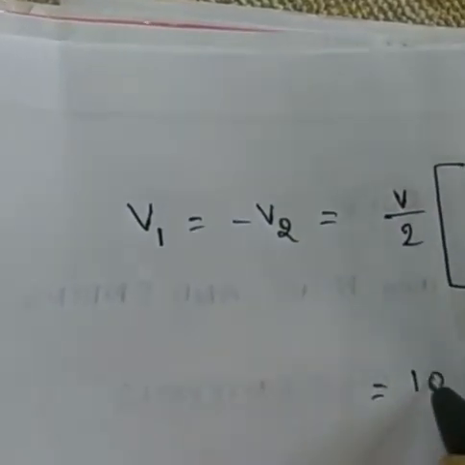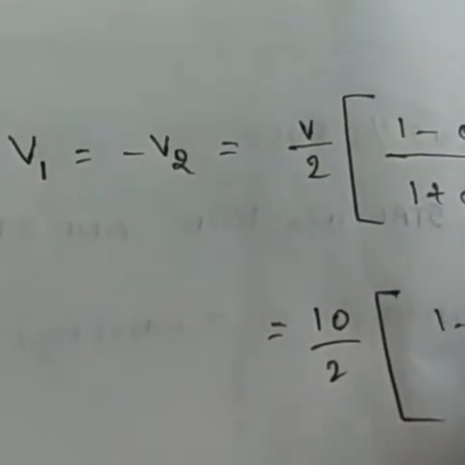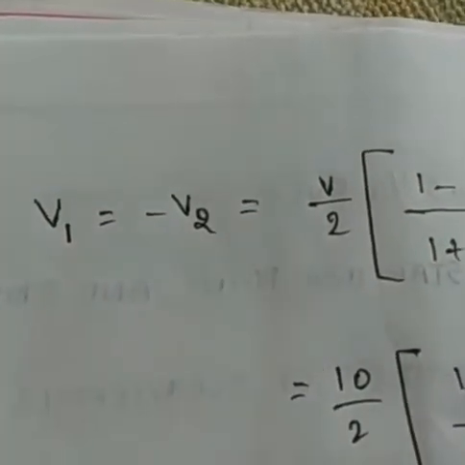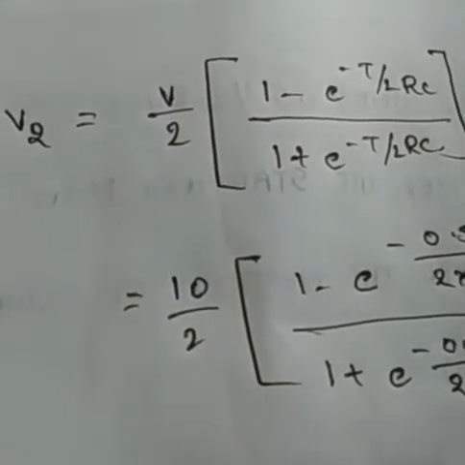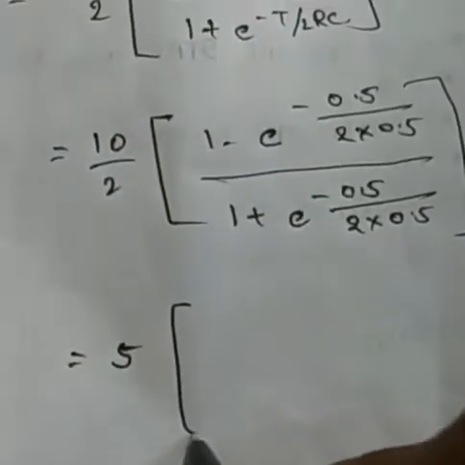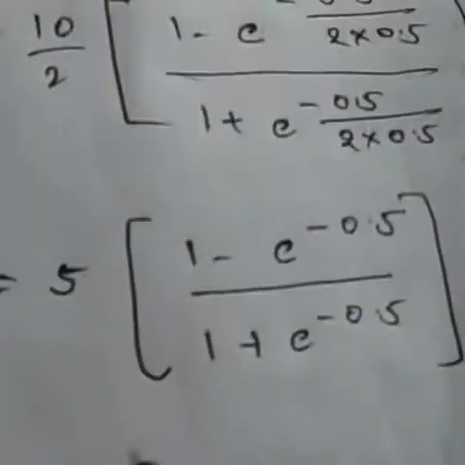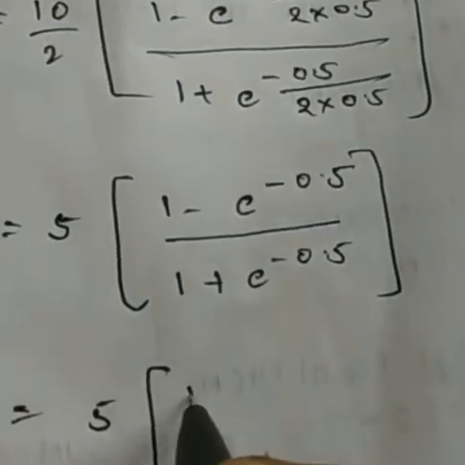Now 10 by 2 into 1 minus e power minus 0.5 divided by 2 into 0.5, whole divided by 1 plus e power minus 0.5 divided by 2 into 0.5. Now 5 into 1 minus e power minus 0.5 divided by 1 plus e power minus 0.5.